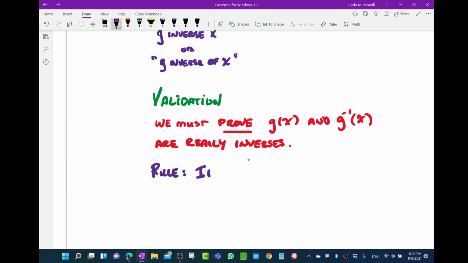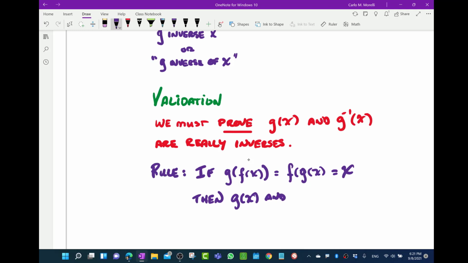If g of f of x equals f of g of x equals x, then g of x and f of x are inverse functions.